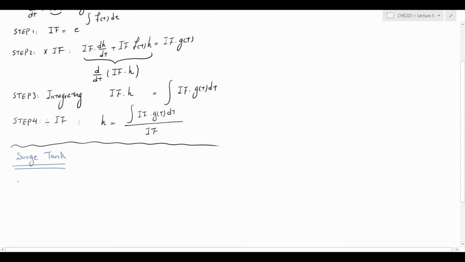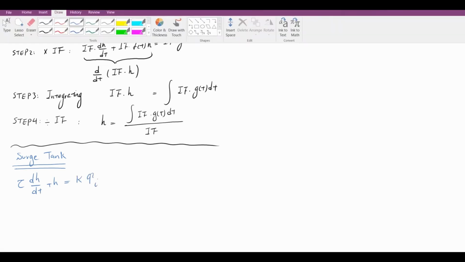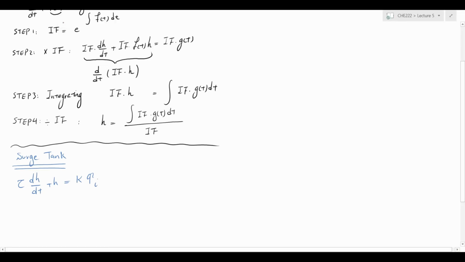If you refer to the notes from the previous lecture, you'll notice the equation was in this form: tau dh/dt plus h is equal to k qi. And again, just to reiterate, tau is the time constant and k is the gain.